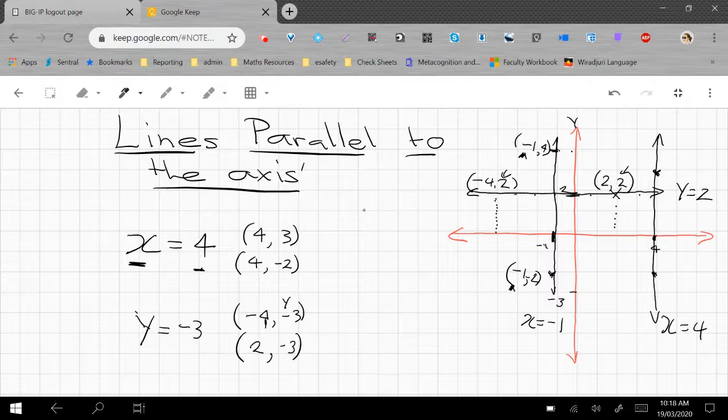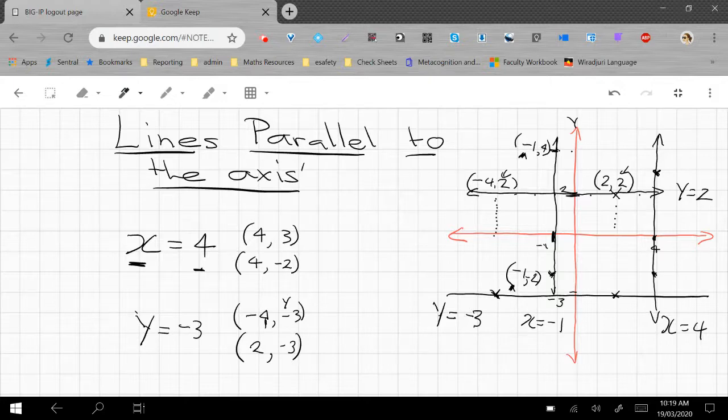So if I find the point (-4, -3), so -3 is down here, that point there, and (2, -3), so across 2 and down -3. So if I draw my line across here, every point on that line, y is -3.